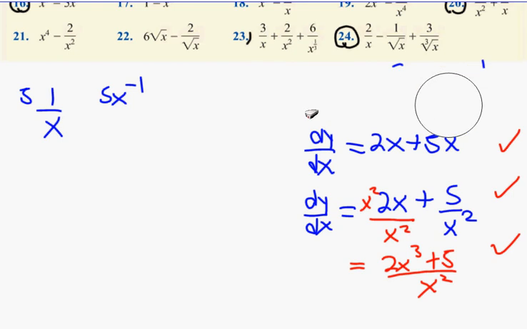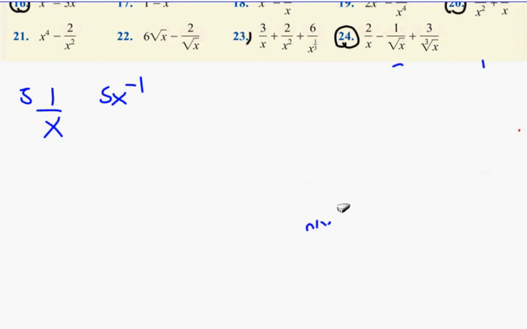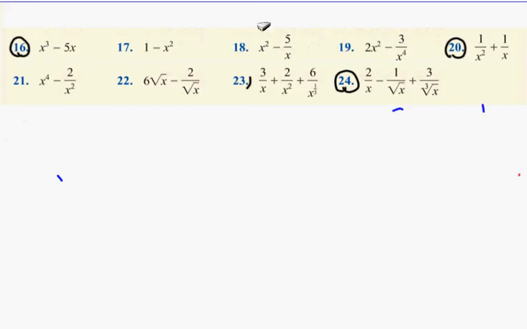Now that we've done that, we're going on to number 20. Now number 20, guys, change 1 over x squared into x to the minus 2. Change 1 over x into x to the minus 1. Y equals x to the minus 2 plus x to the minus 1. Differentiate.